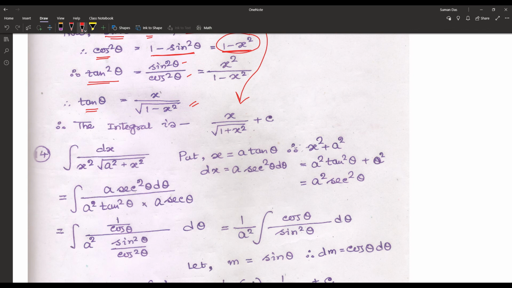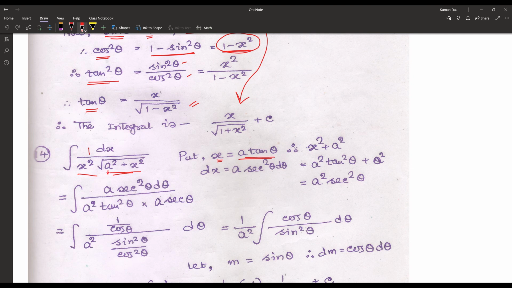Let's check another problem, which is also a form of substitution of the variable with a trigonometric function. Here the integral is given as the integration of 1 by x square and square root of x square plus a square. Here we are putting x as a tan theta, as the constant a is there.